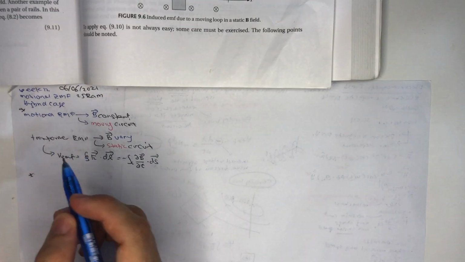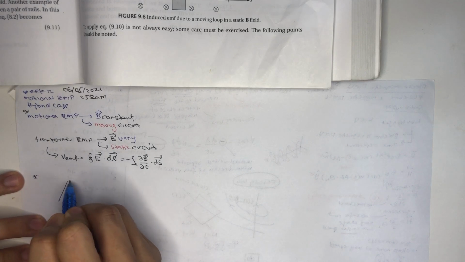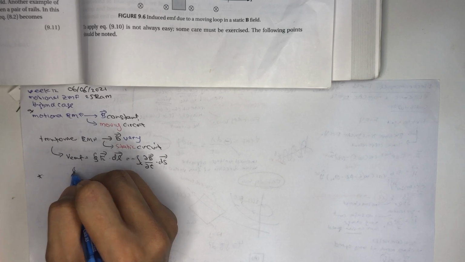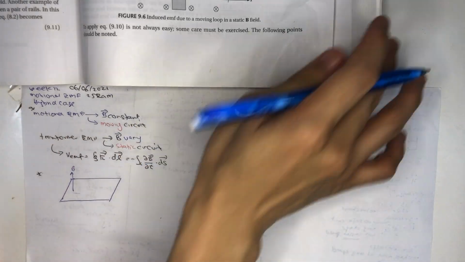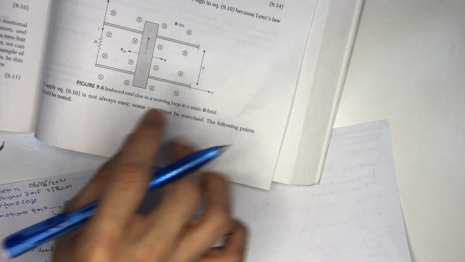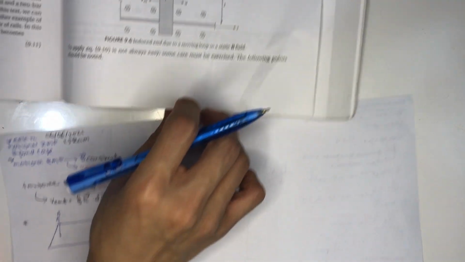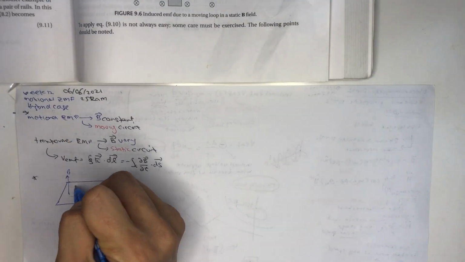Even in the simplest case, you have an area where the B field passes through. You can also see an example from figure 9.6, which explains a similar situation.